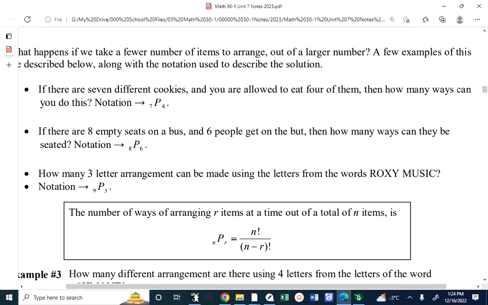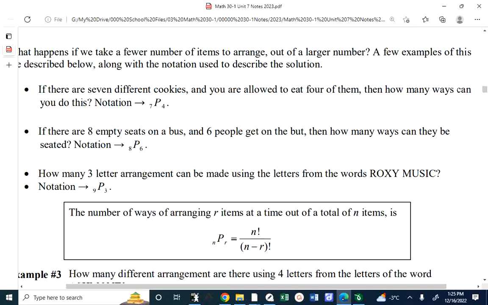And we write it as 7P4. This is what we write the answer as, without knowing the value of the answer. We say there are 7 items and we are permuting 4. I don't know if permuting is a verb or not, but I will often say 7 permute 4. We're permuting 4 of the items. We're arranging them.